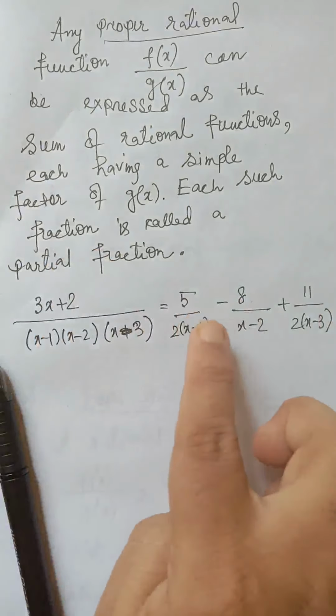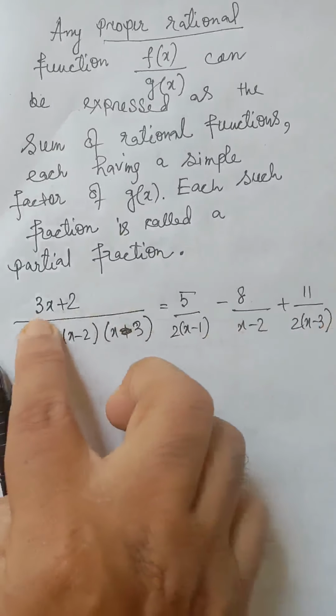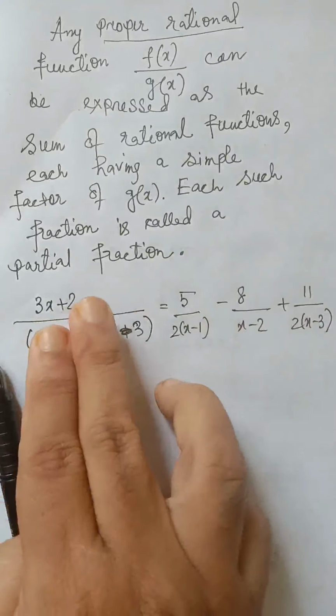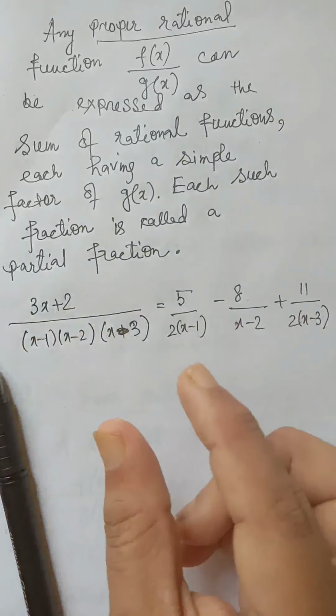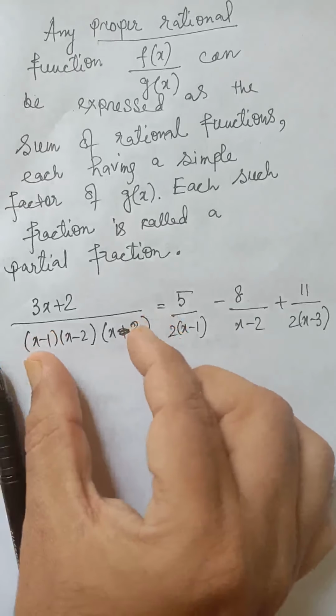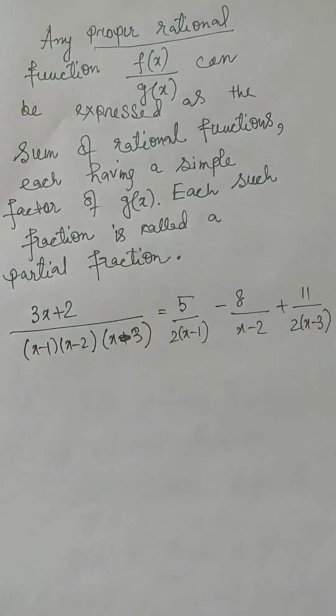You can see x - 1, x - 2, x - 3 are all factors of the denominator of the given fraction. So partial fraction depends on the factors of the denominator.